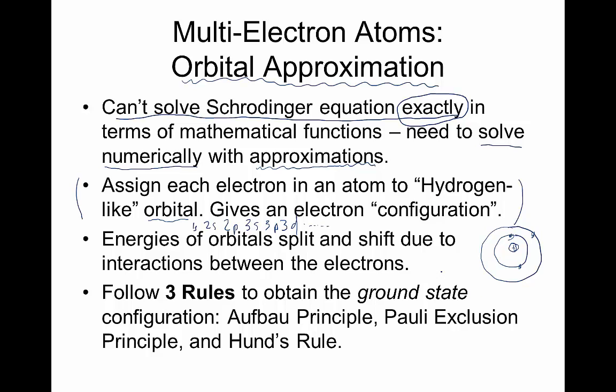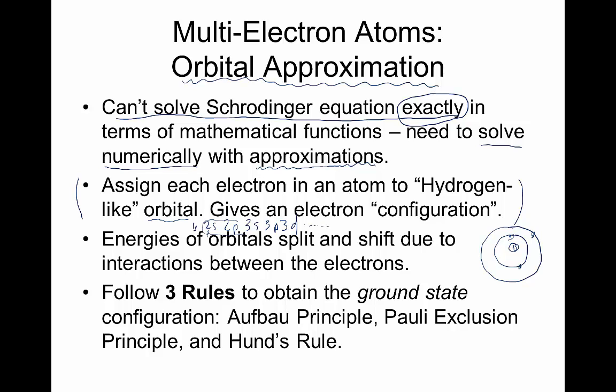It turns out that in this approximation, once we put electrons into these different orbitals, it causes the energies of the orbitals to shift around a little bit. We know from the hydrogen atom that, for example, the principal quantum number n, the shell number, like 2 or 3, tells you about the energy.